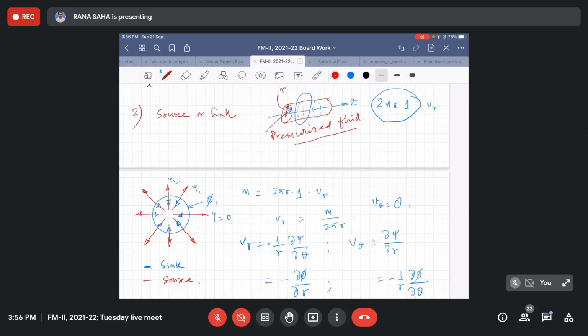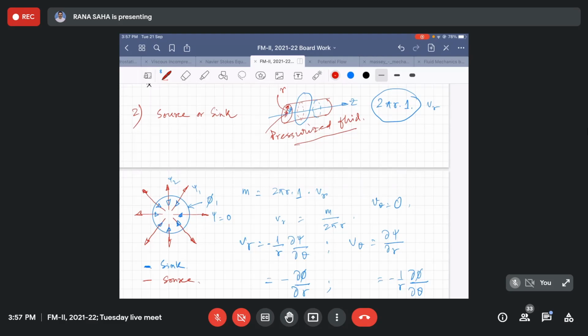In case of vortex flow, rotational vortex or free vortex, my definition of psi is in terms of circulation over 2 pi. The vortex strength also is denoted in terms of that gamma.